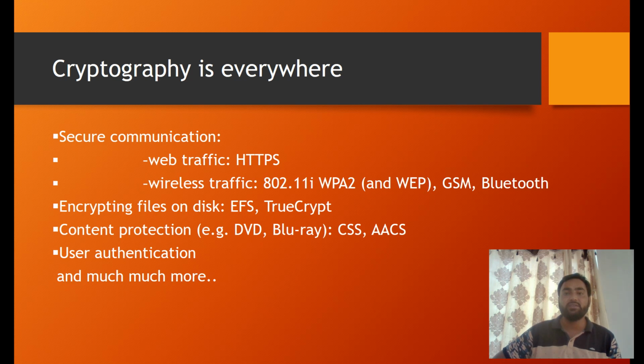In wireless traffic, that is in Wi-Fi and hotspot areas, in GSM, Global System for Mobile communication, and for Bluetooth connectivity, in encrypting files on hard disks, and in content protection, that is in DVDs or Blu-rays, CSS, AACS, these are the formats. Then user authentication, to verify who is accessing the system or the information from the device, and many more applications implemented with the use of encryption or cryptography.